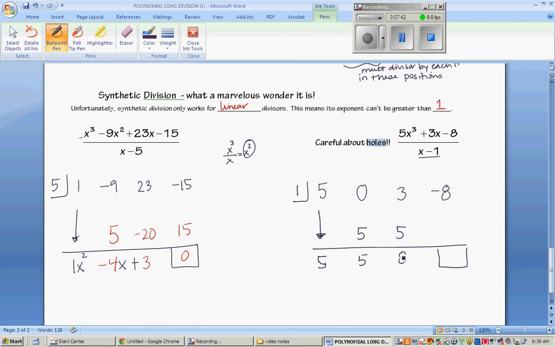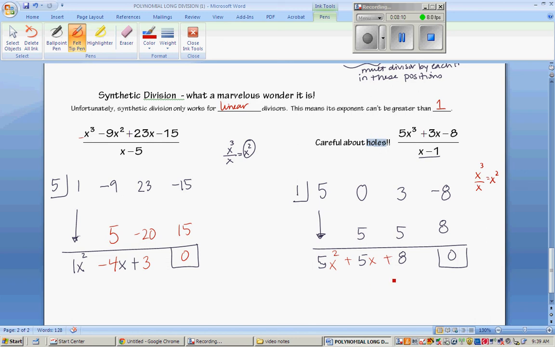Add. 1 times 8 is 8. Add. It comes out again with no remainder. Wonderful. So now it's time to put in the x's. We had an x cubed, and we divided it by an x, so we're going to start with x squared: 5x squared plus 5x plus 8. And that's our final answer.